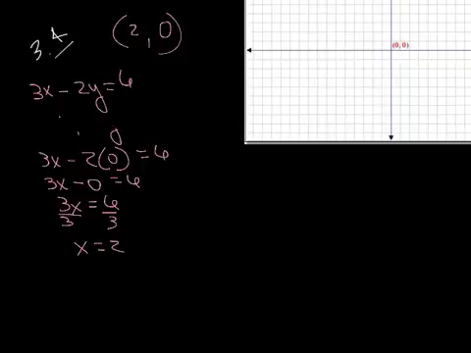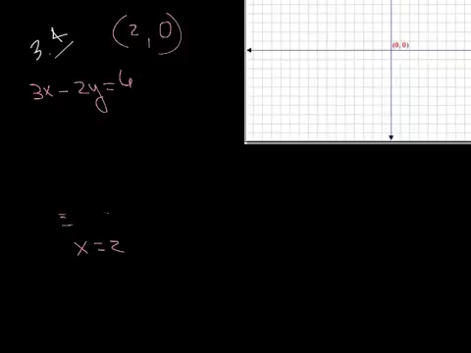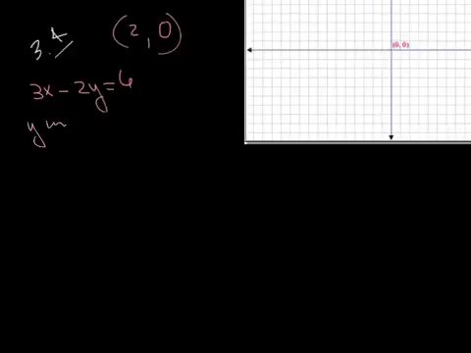So that's one of the points that we're looking for. Alright, so let's find the y-intercept. So the y-intercept says that when we look for that, our x is going to be 0.